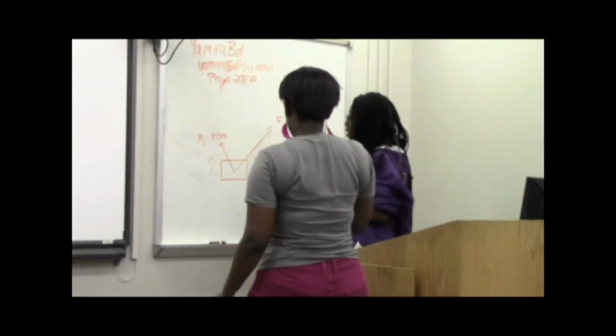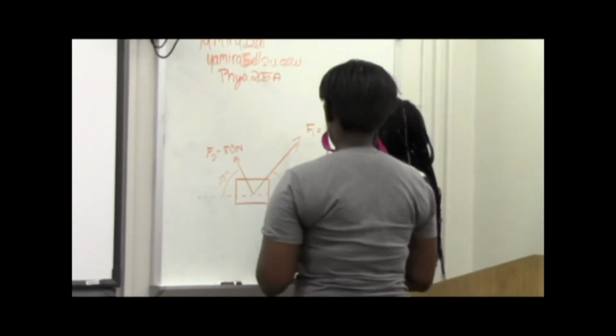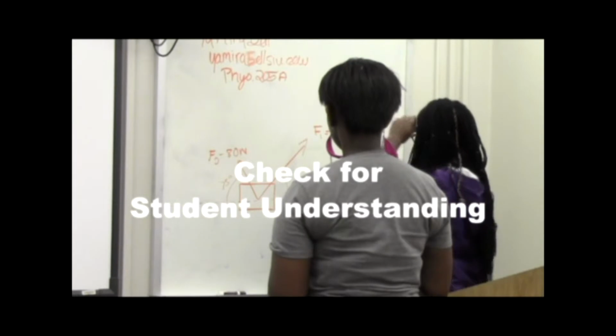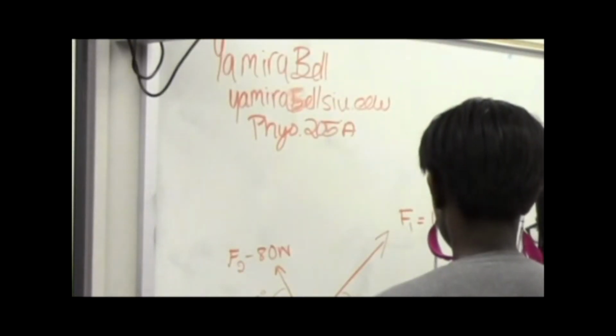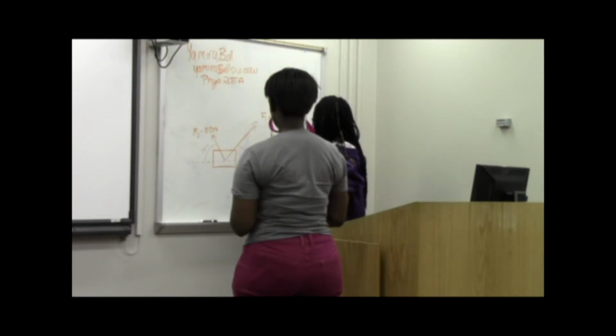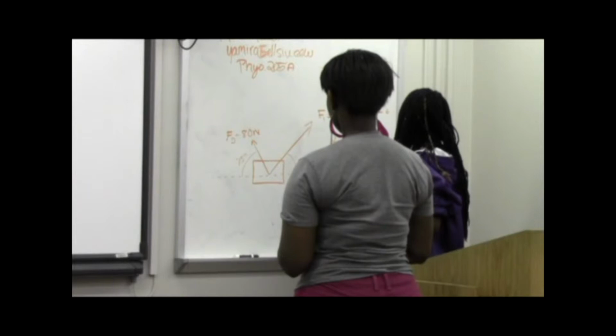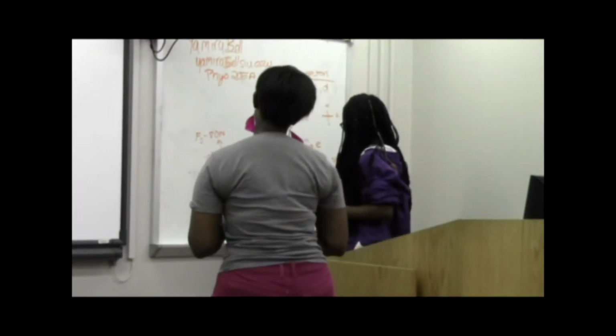Alrighty, so I'm just going to give you one practice problem to see if you understand it. So if I say Jane traveled 10 meters north, 5 meters east, 6 meters southeast, and then she returned home.